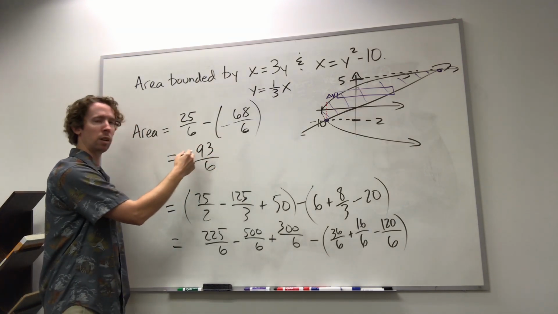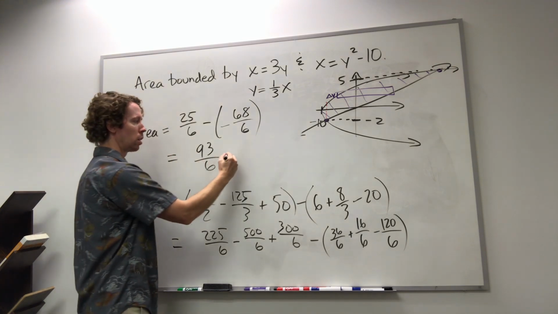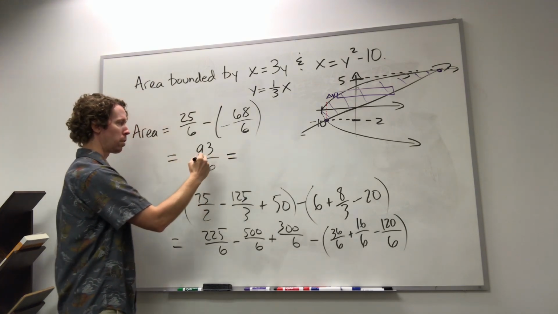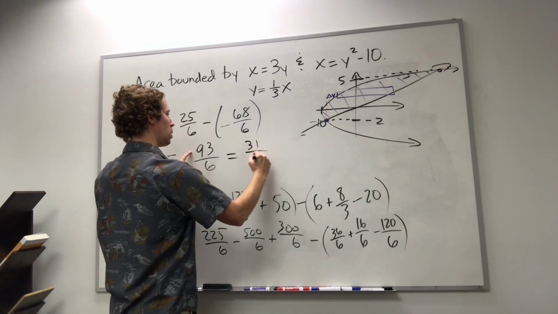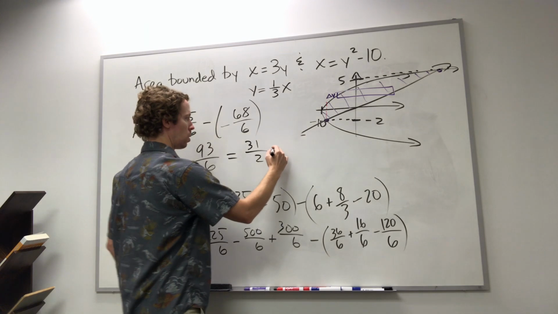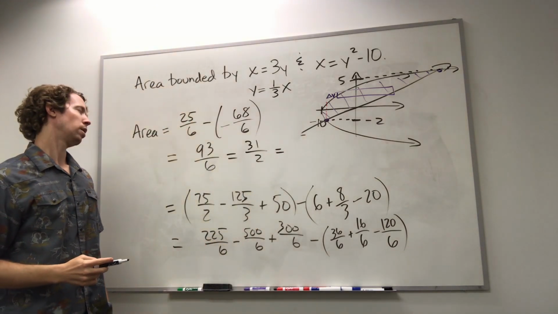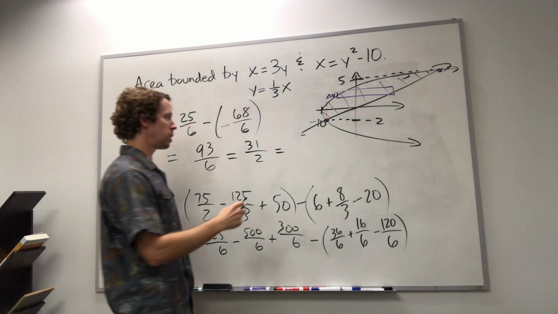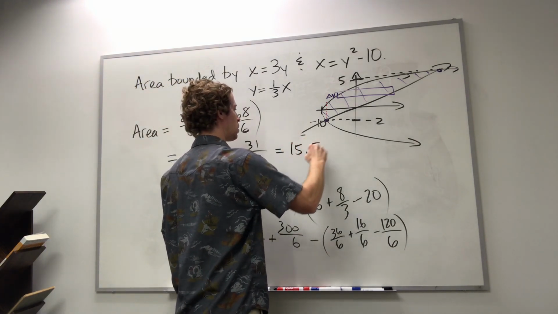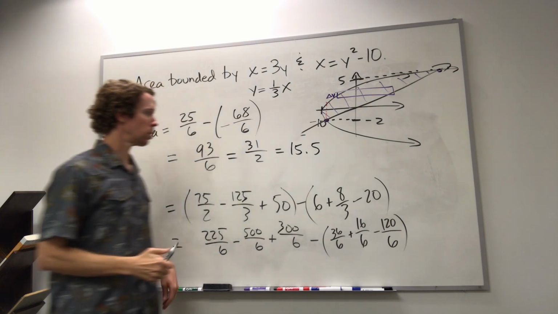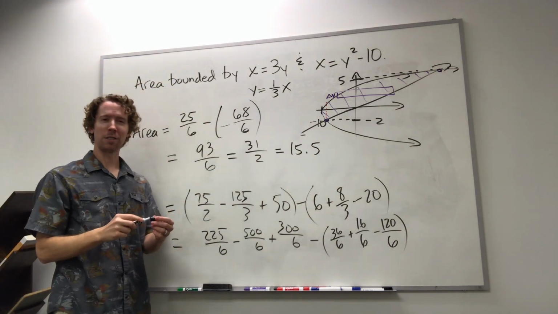Since 9 plus 3 is 12, that's divisible by 3, I know I can reduce this. I can pull out a 3 from the top and the bottom. So when I divide by 3 on top and bottom, I get 31 over 2. Or, I know that this is the same thing as 15 and 1/2. So 15.5. If I got that incorrect, feel free to let me know.